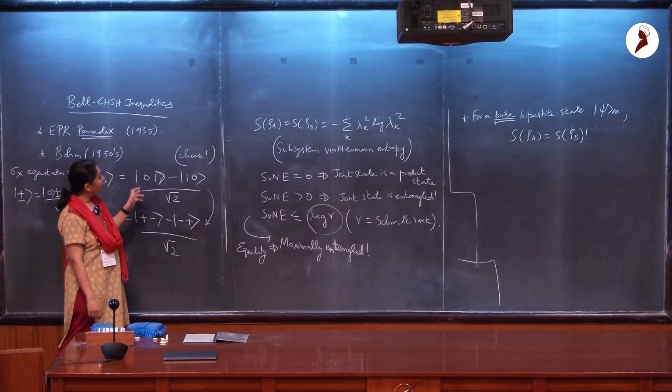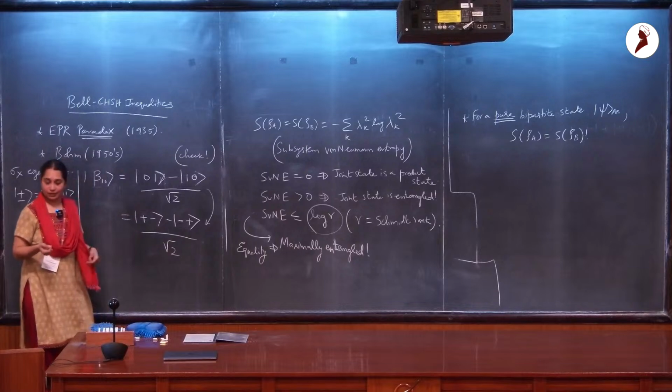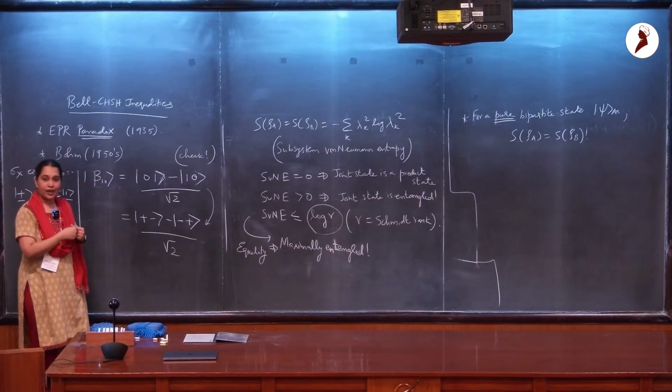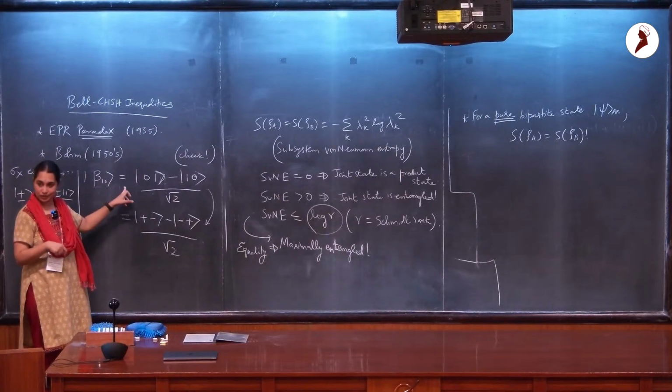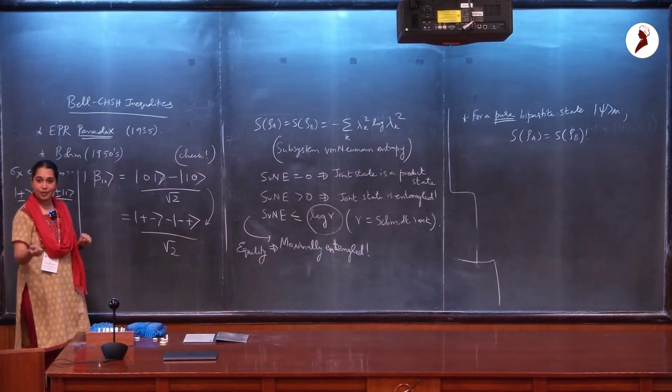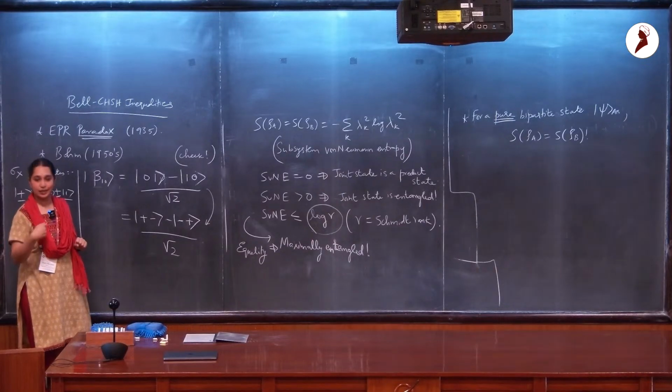So now the game gets more interesting. A has the option of making measurement either in sigma x or in sigma z. B has the option of making a measurement either in sigma x or in sigma z. Okay?